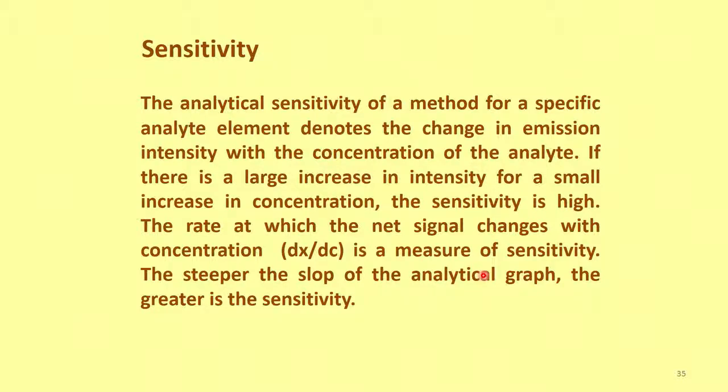So, we say the rate at which the net signal changes with respect to concentration, that is dx by dc. You plot concentration and signal and you take the ratio, and that is the slope of the linear line, that is a measure of the sensitivity. The steeper the slope, the greater is the sensitivity.